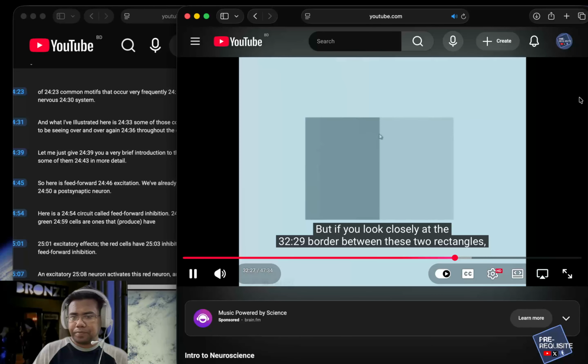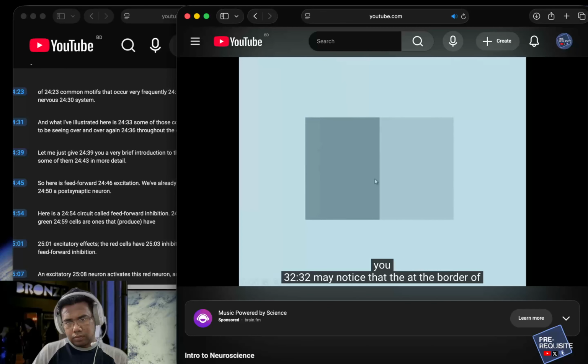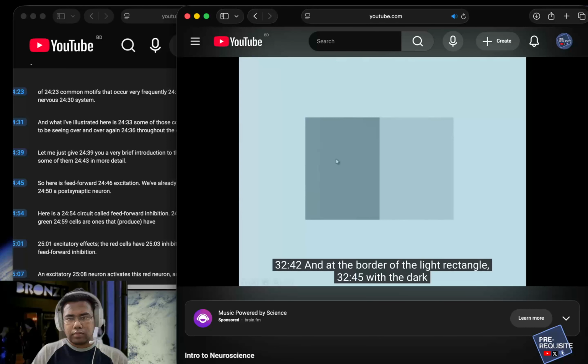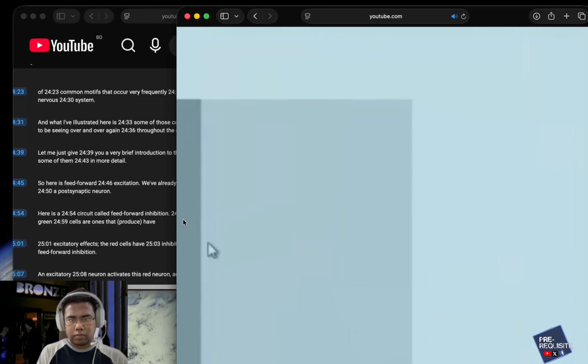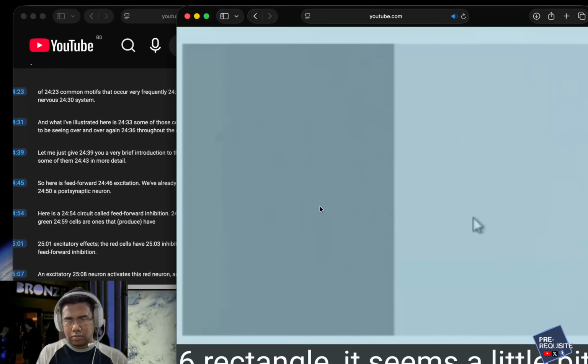But if you look closely at the border between these two rectangles, you may notice that at the border of the darker rectangle, it seems a little bit darker than the rest of the rectangle. And at the border of the light rectangle with the dark rectangle, it seems a little bit lighter than it does throughout the rest of the rectangle.